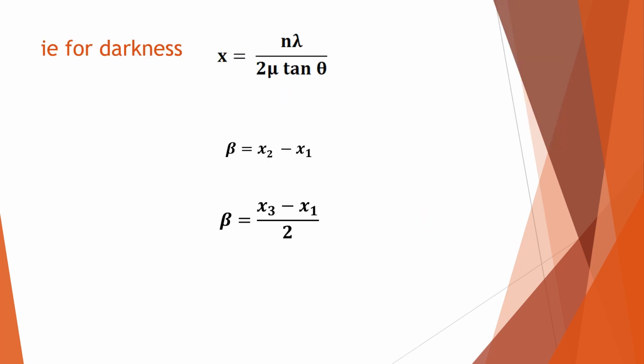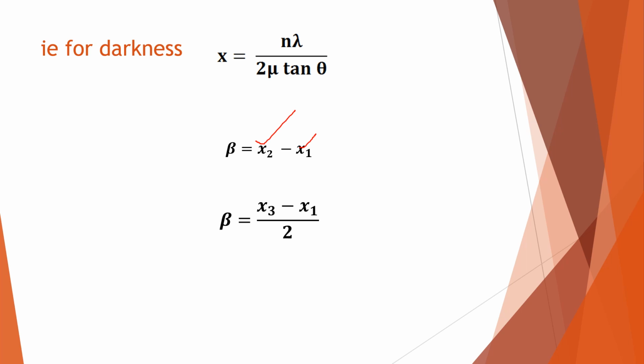Now, coming back to bandwidth, what is bandwidth? It is the distance between two consecutive dark bands or bright bands. Let x1 be the distance between the center of the first bright band and the origin, and let x2 be the distance between the center of the second bright band and the origin. So here we have the distances of the first bright band and second bright band from a certain origin, x1 and x2.